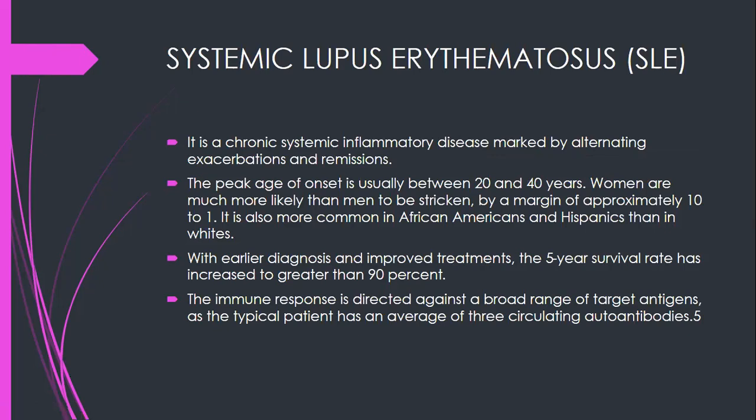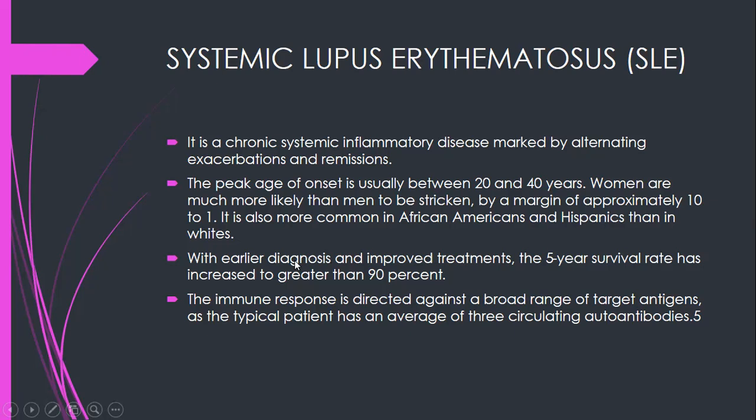Another autoimmune disease is systemic lupus erythematosus. Okay, it is a chronic systemic inflammatory disease marked by alternating exacerbations and remissions. And the peak age of onset is usually between the 20s and 40s, and women are much more likely than men to be affected. Okay.